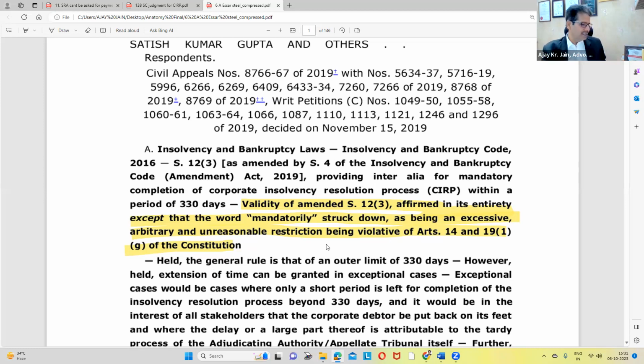Here, what has the legislature done? I'll read this section 12(3).